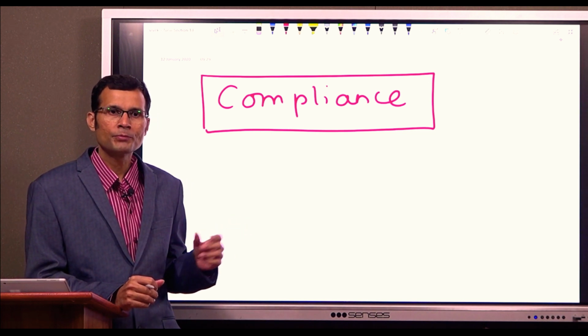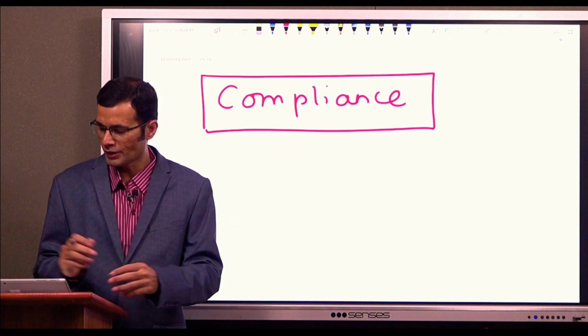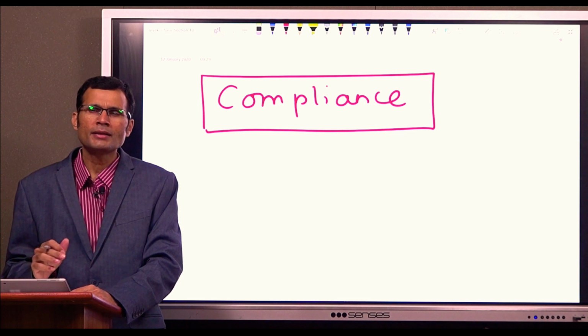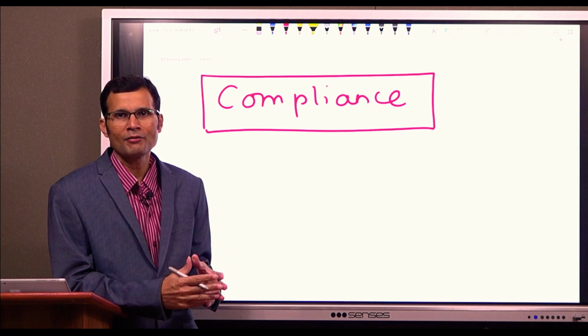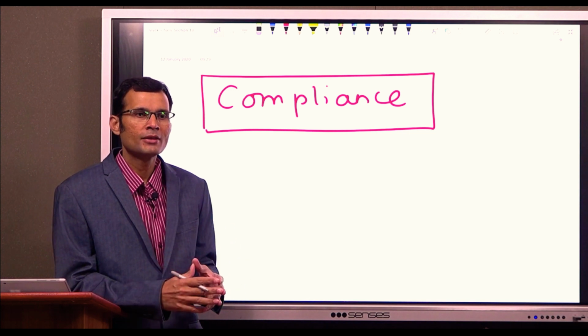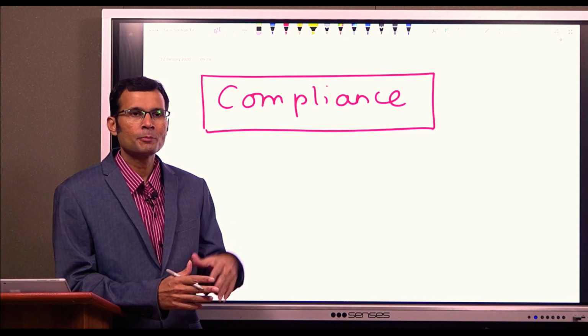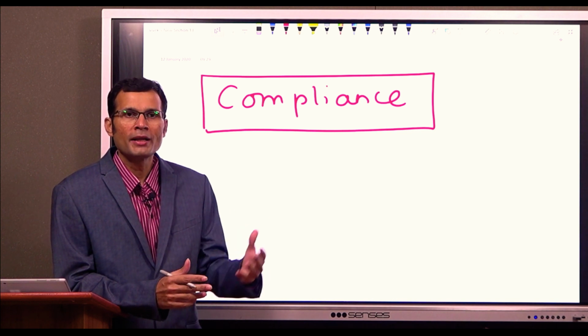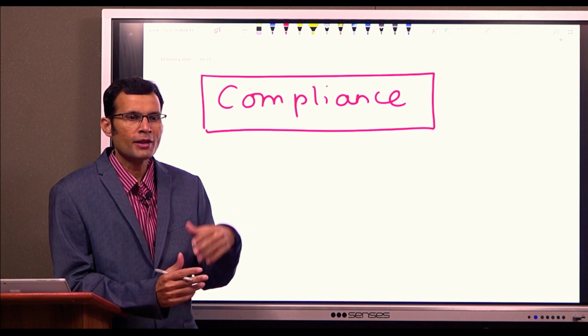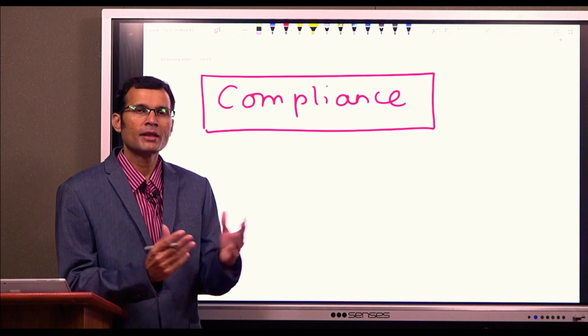The concept of compliance of the lungs. Basically, this word is used in normal English language as well. Compliance, we say the person is pliant, or compliant, means if you say something and it's obeyed, something like that.